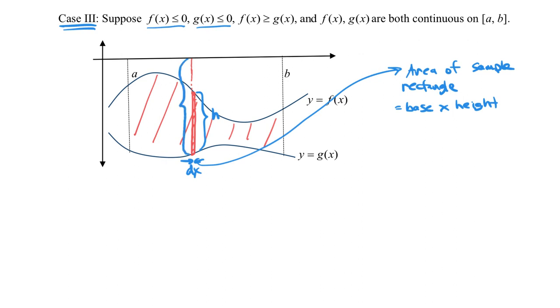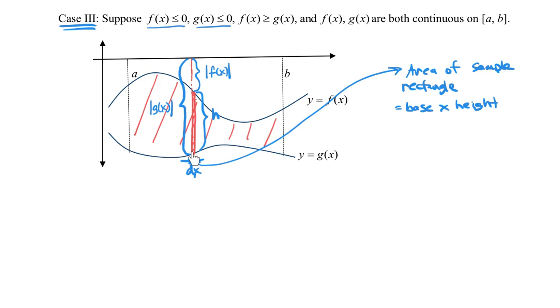So to get to the height, we're going to take this distance here. Now, because g of x is a negative number, if we want a distance, a length, we need a positive value. So we'll take the absolute value of g of x here. And then this little piece here that we have to subtract is going to be the absolute value of f of x.